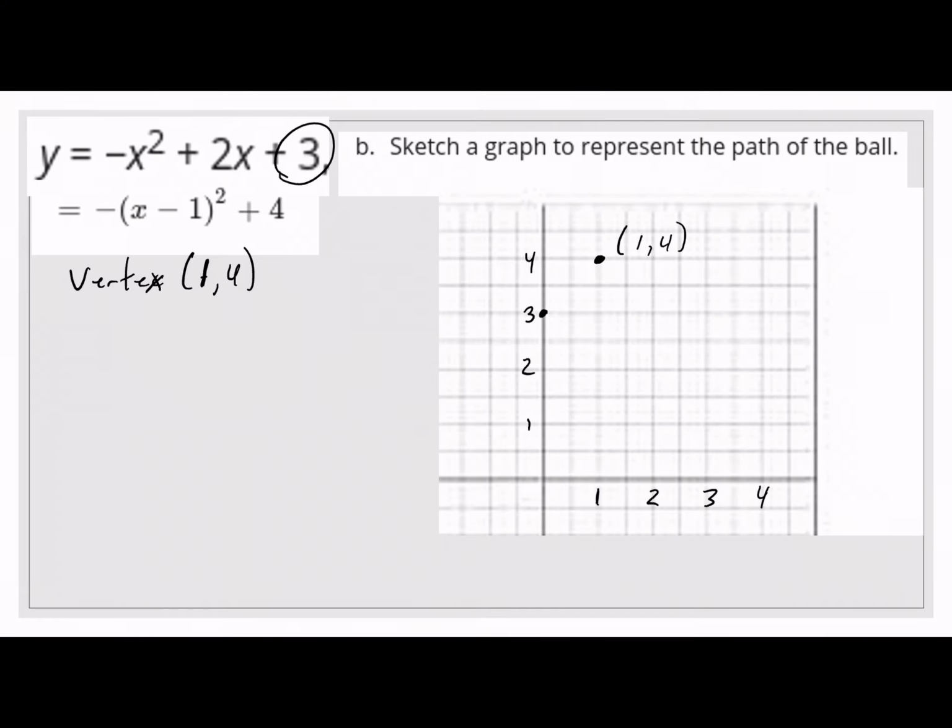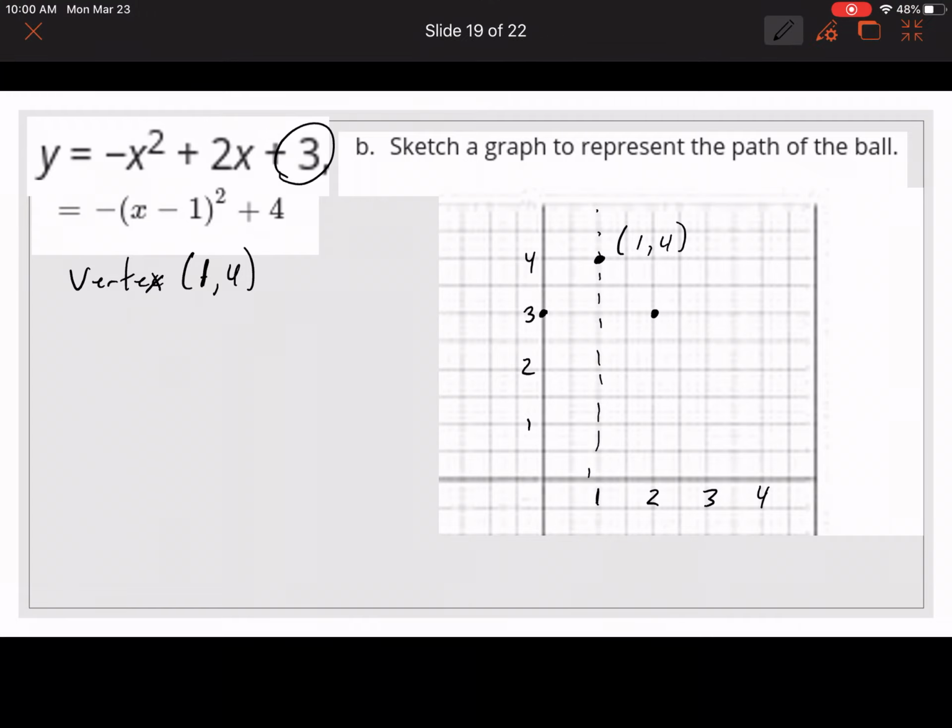We know our axis of symmetry is right there. So we also know we have a second point right there. So we can figure it out using our 1 to 3, or our 1, 3, 5, 7 pattern, but it's just asking us to kind of draw it in here.